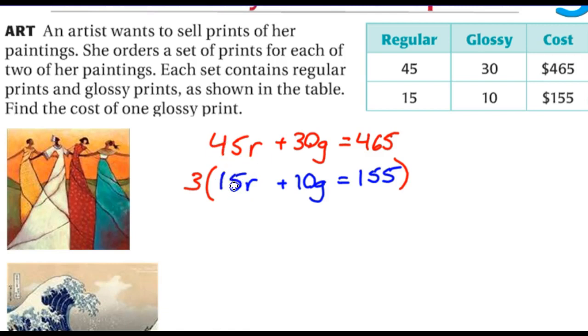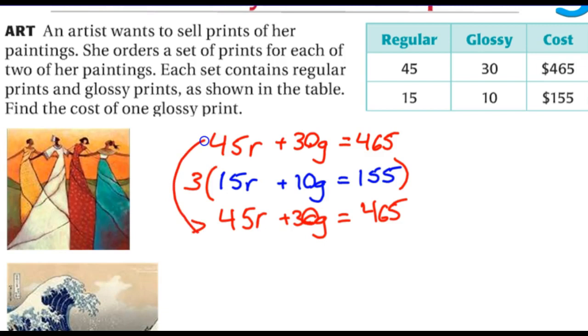So 3 times 15 gives us 45R. 3 times 10G gets us 30G. And 3 times 155 equals 465. Now if I take this equation, bring it down, 45R plus 30G equals 465.